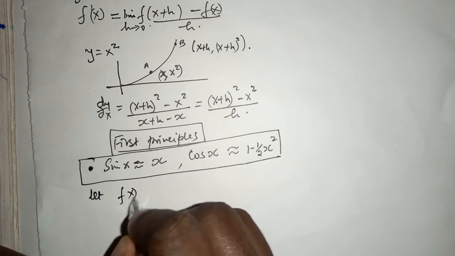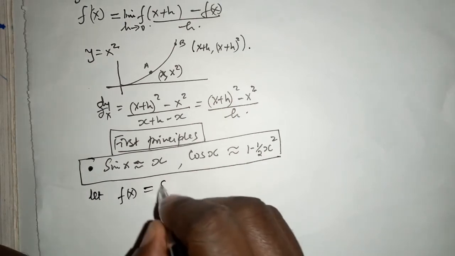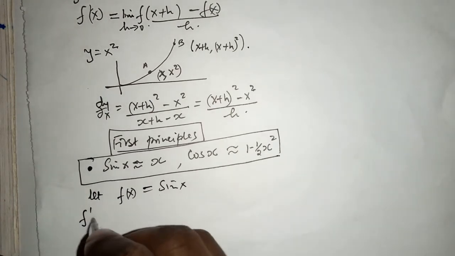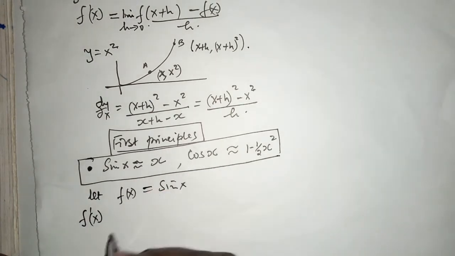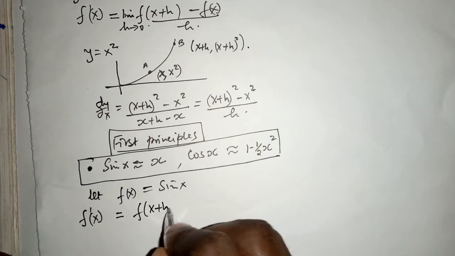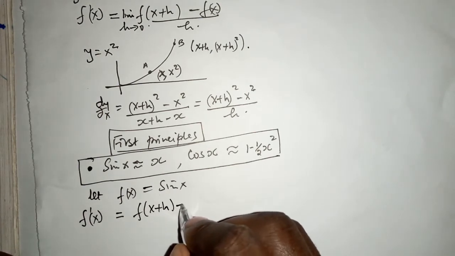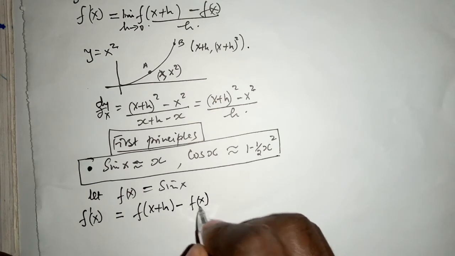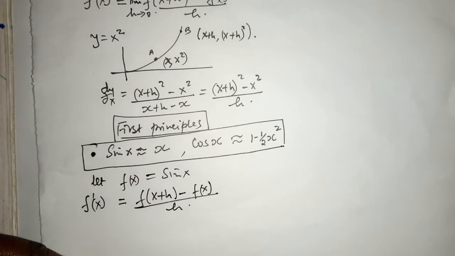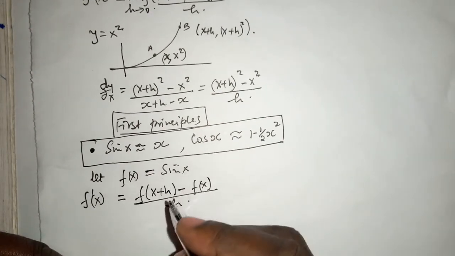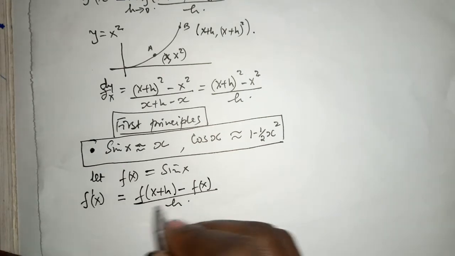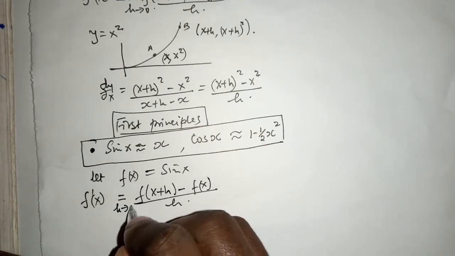And of course, let's talk of the function f(x) being equal to sine x. The derivative of this from first principles is going to be f(x plus h) minus f(x), everything over h, as h approaches 0.